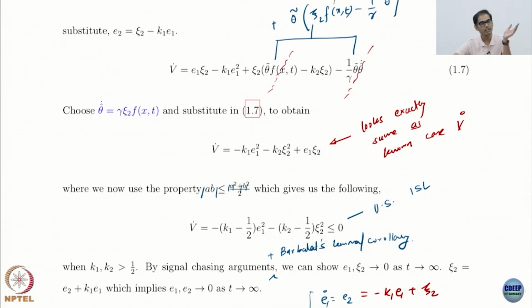So even if you started with a nice CLF with a negative definite V dot for the known case, as soon as you move to adaptation, your V dot will become negative semi-definite. Why? Because you had more terms in the V, which were new variables. This should be very clear in your mind. When you go to the adaptation, you add an adaptive control part, your V dot will become negative semi-definite, and that's what I've written here.